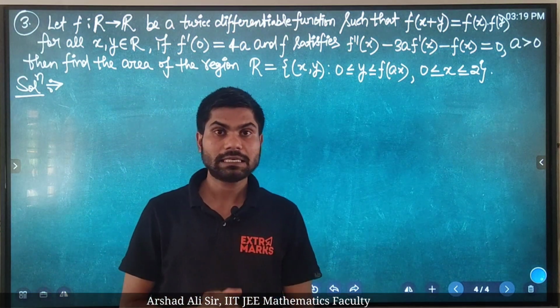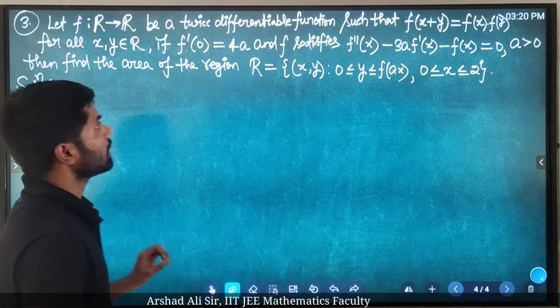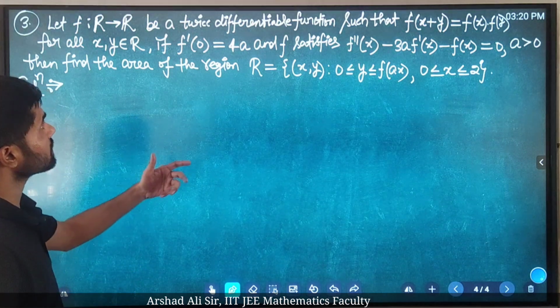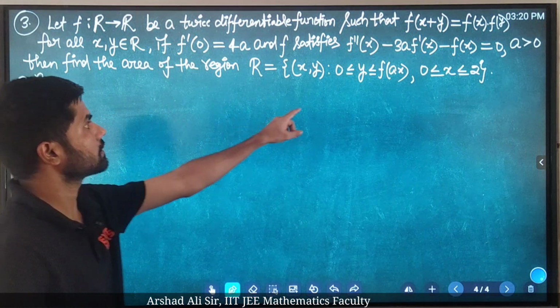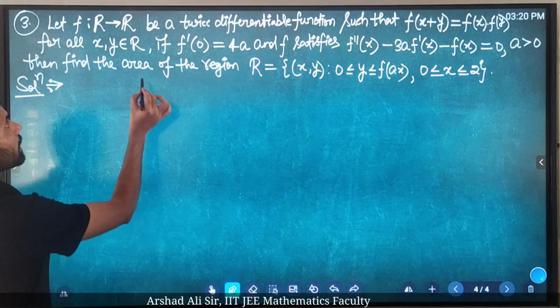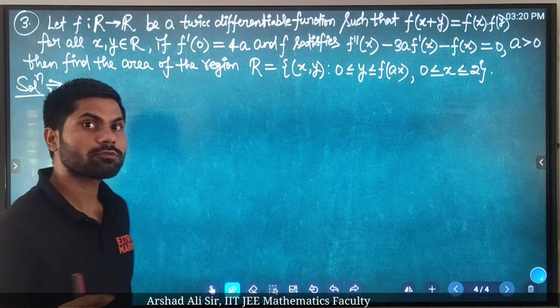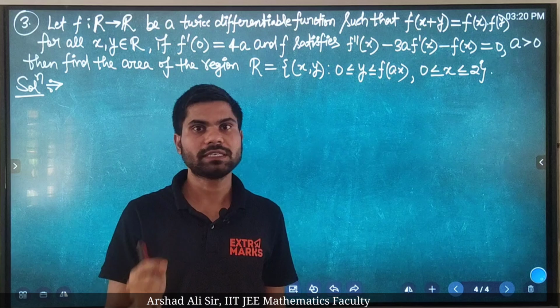So dear student, in this question we have to apply some rules related to differentiation and integration, and see what we have to find: area of the region. So this question is related to application of integrals.